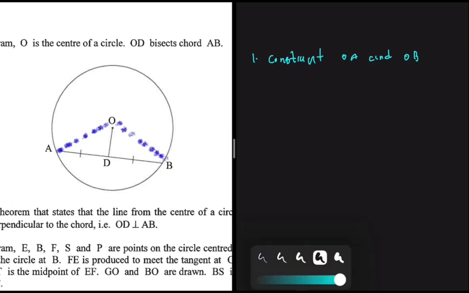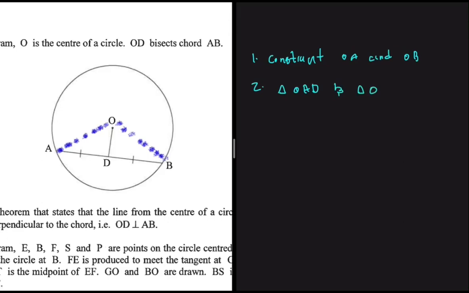And now we can move to the second step, right? In the second step, we're going to prove that triangle OAD and triangle OBD are congruent. How can we possibly do that? We can start by saying that OA is equals to OB.